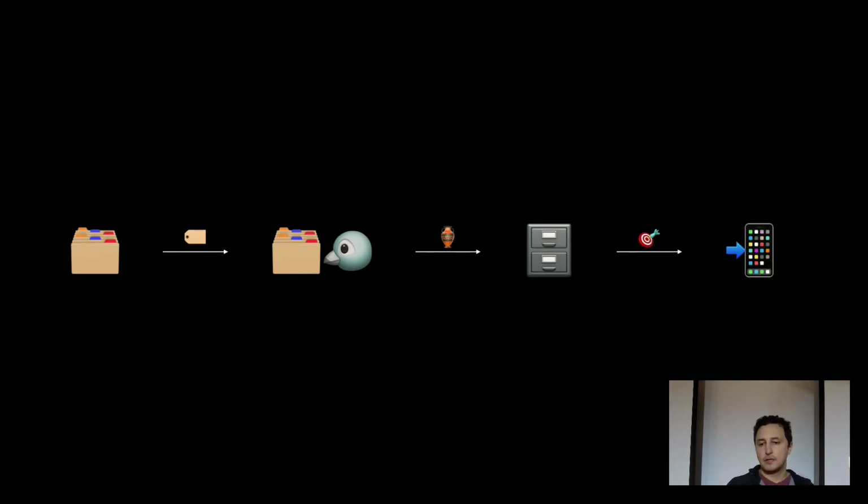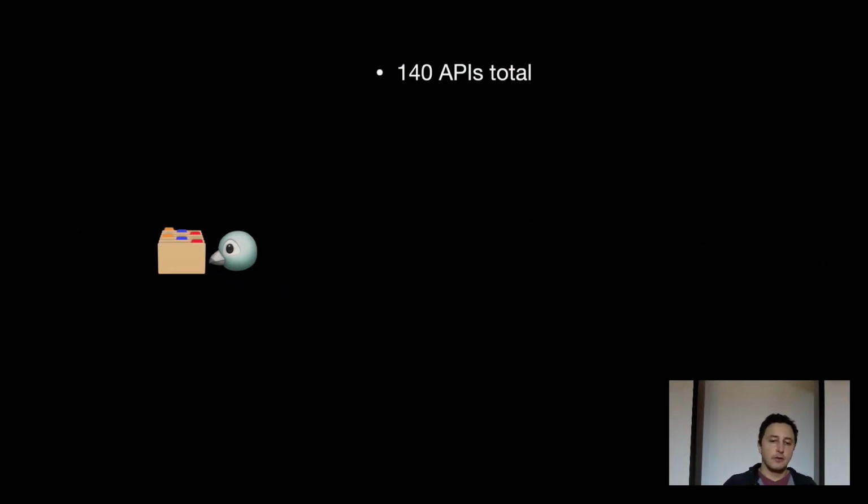Now, just to give a perspective on how this runs and the magnitude of what happens: firstly, we have about 140 APIs, and that is sometimes the same API in different versions or in different parts of their life cycle. Some are in alpha, some are in beta, some are actually ready for production. If you sum them all, we've got about 140. A lot of them are in active development.